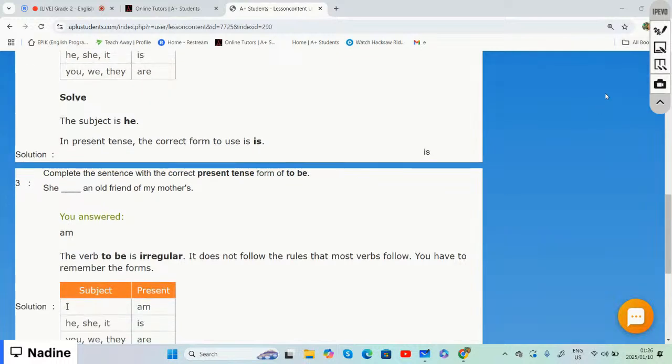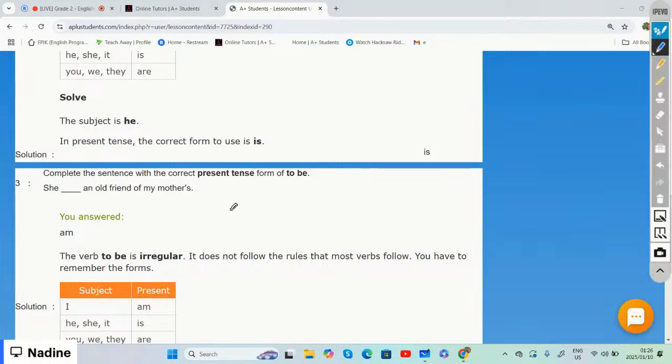She, do we say she am an old friend of my mother's? She is an old friend of my mother's, or she are an old friend of my mother's? Which one is correct?